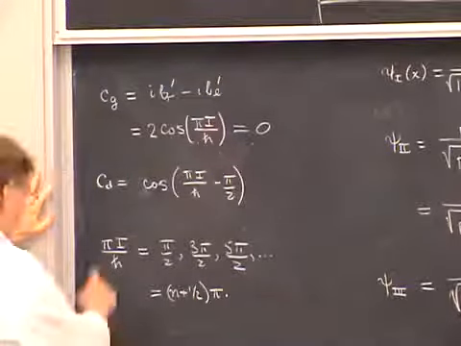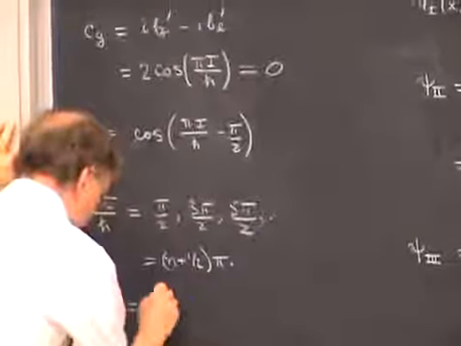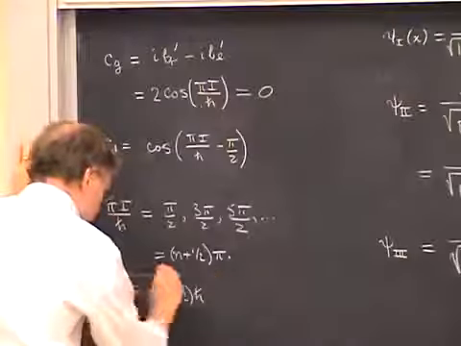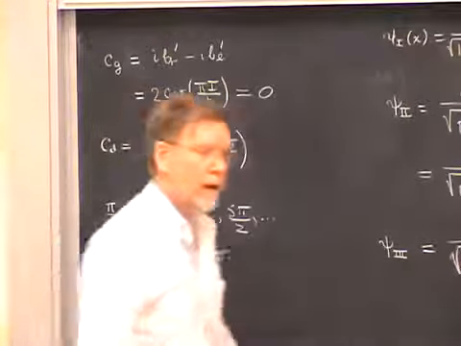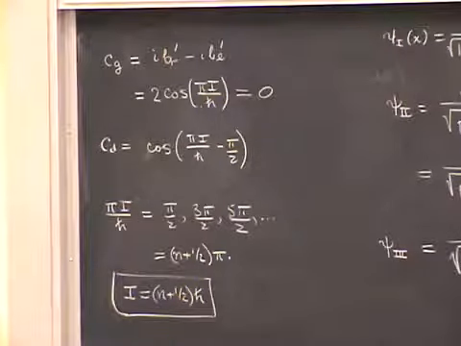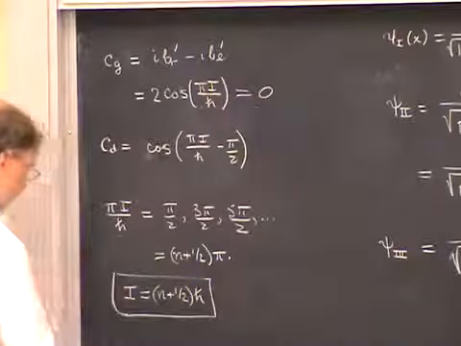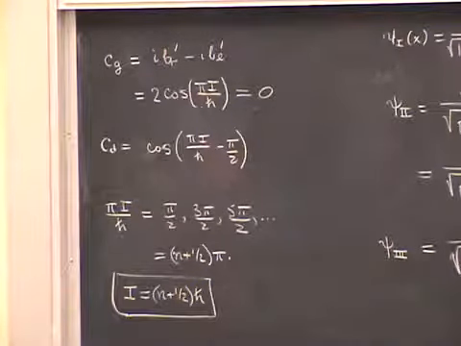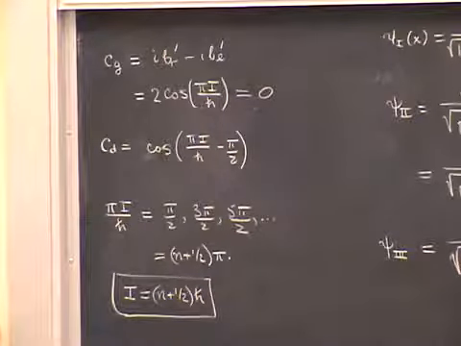And if we then multiply this out, what we get is that I is equal to n plus 1/2 times h bar. And that is the quantization condition of the action of the orbit, essentially the area of the orbit, same one we got earlier by using this intuitive rule by the particle accumulating phase as it goes around the orbit. This is a re-derivation of the Bohr-Sommerfeld conditions using the connection rules.